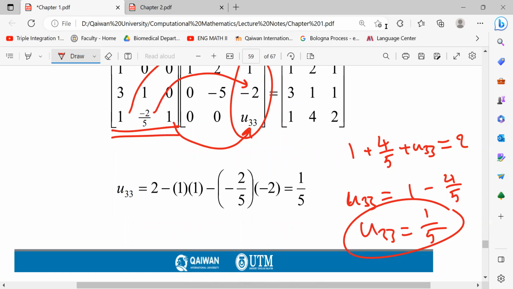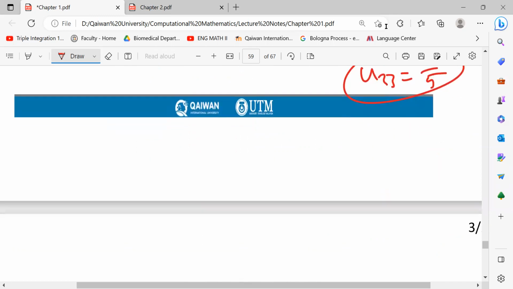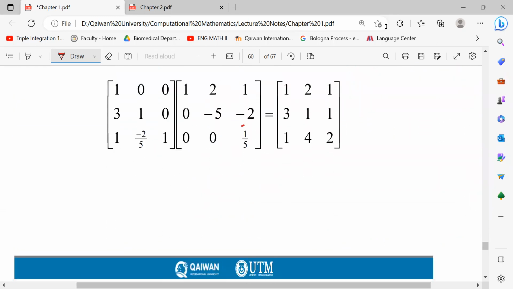So U33 is 1/5. Up to now, we just found the values of matrices U and L, nothing else.